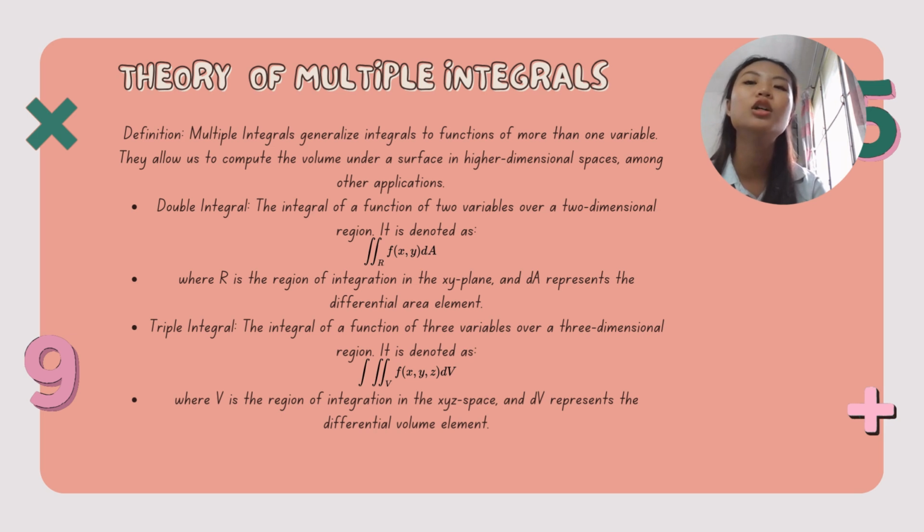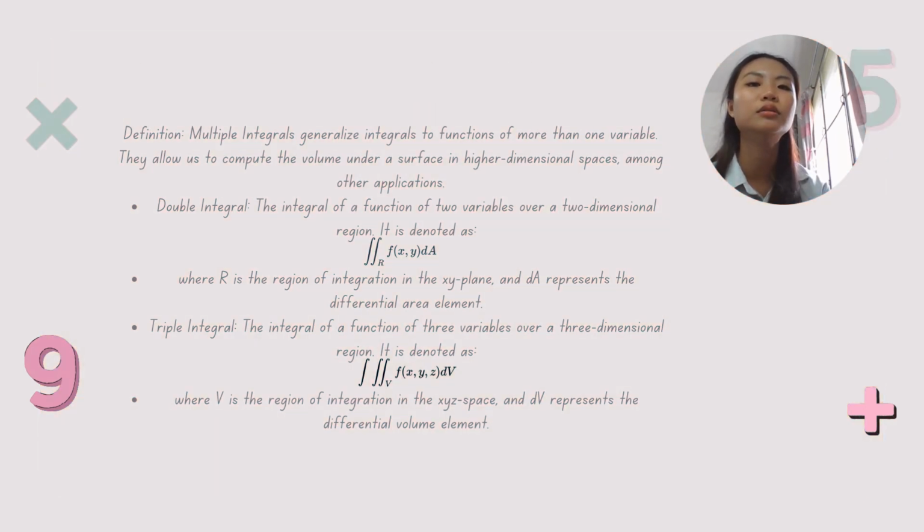There are two types: double integral and triple integral. A double integral is the integral of a function of two variables over a two-dimensional region, where R is the region of integration in the xy plane and dA represents the differential area element. A triple integral is of a function of three variables over a three-dimensional region, and they also have a formula below, where V is the region of integration in xyz space and dV represents the differential volume element.